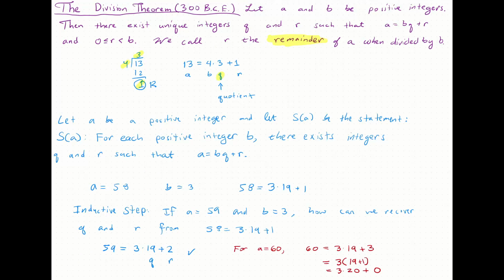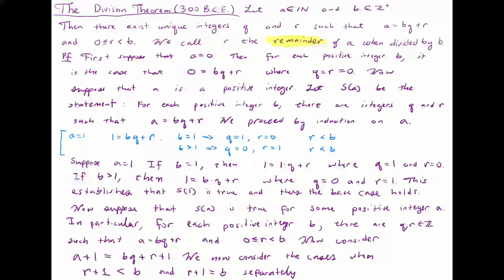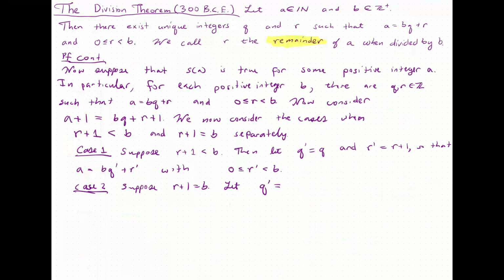What we want to do is take our Q prime to just be Q plus 1. And R prime to be equal to 0.